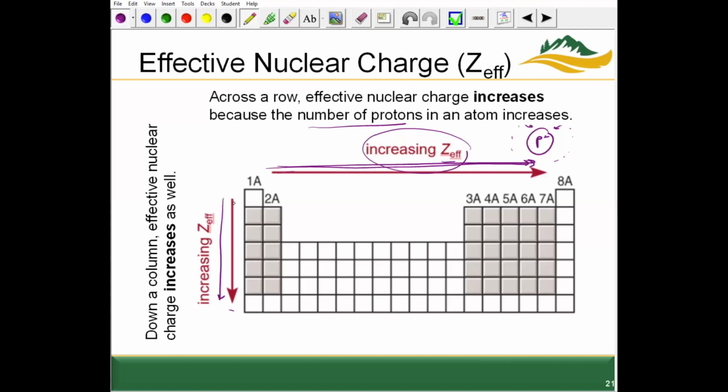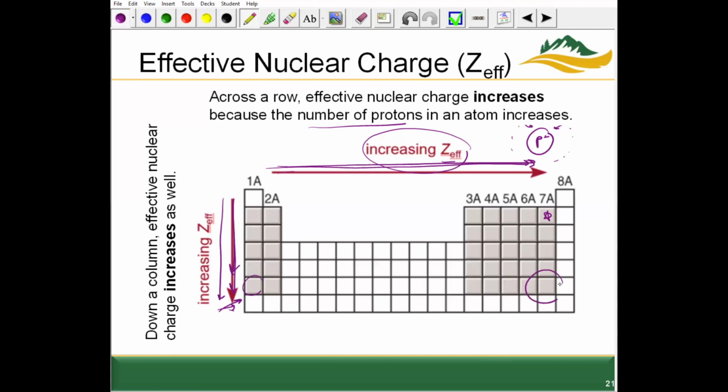We also see this increase as we go down a group or down a column. These elements all have higher atomic numbers, meaning they also have more protons as we go in this direction on the periodic table. So if effective nuclear charge increases from left to right, it's going to be high here, but it also increases down a column.